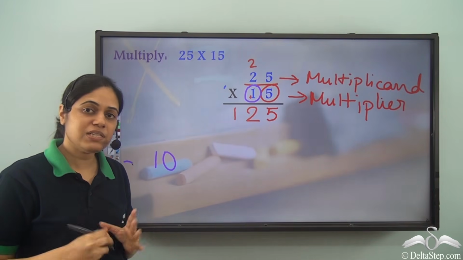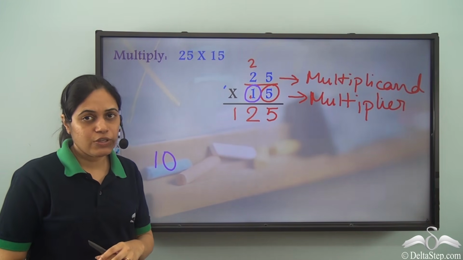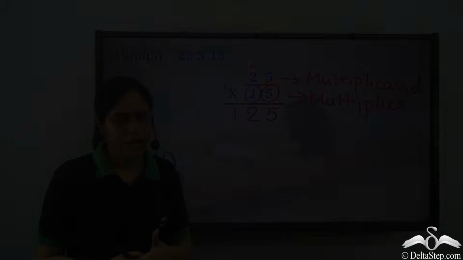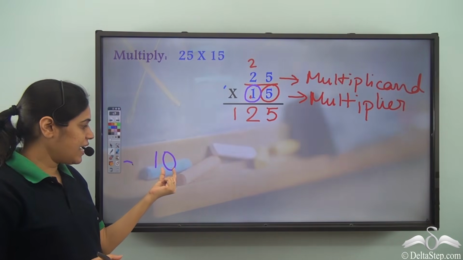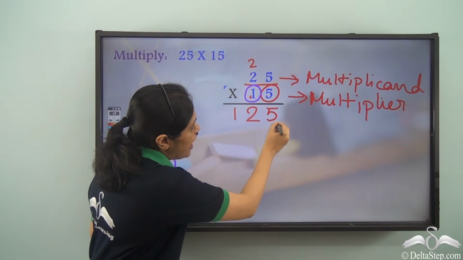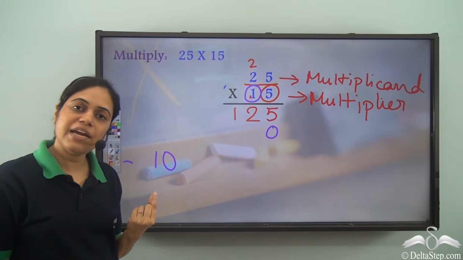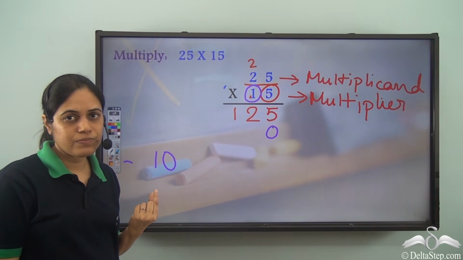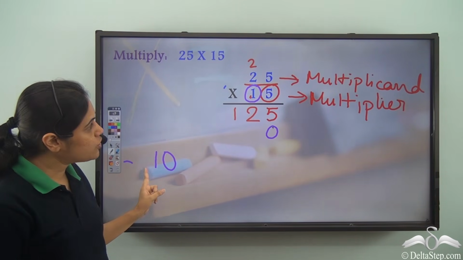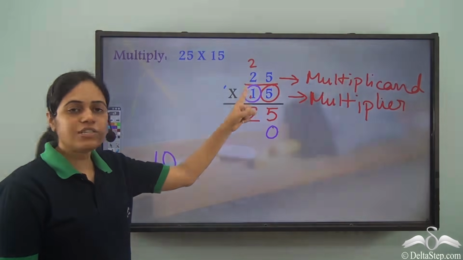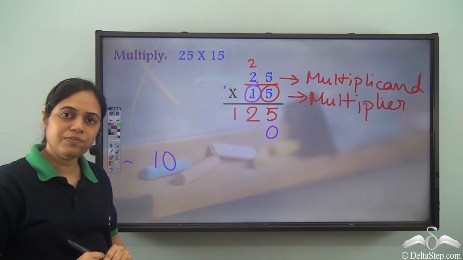And I know that when multiplying by 10, I can take this 0 and write it at the right of the product. And now I need to multiply the remaining digits, that is 25 and 1.